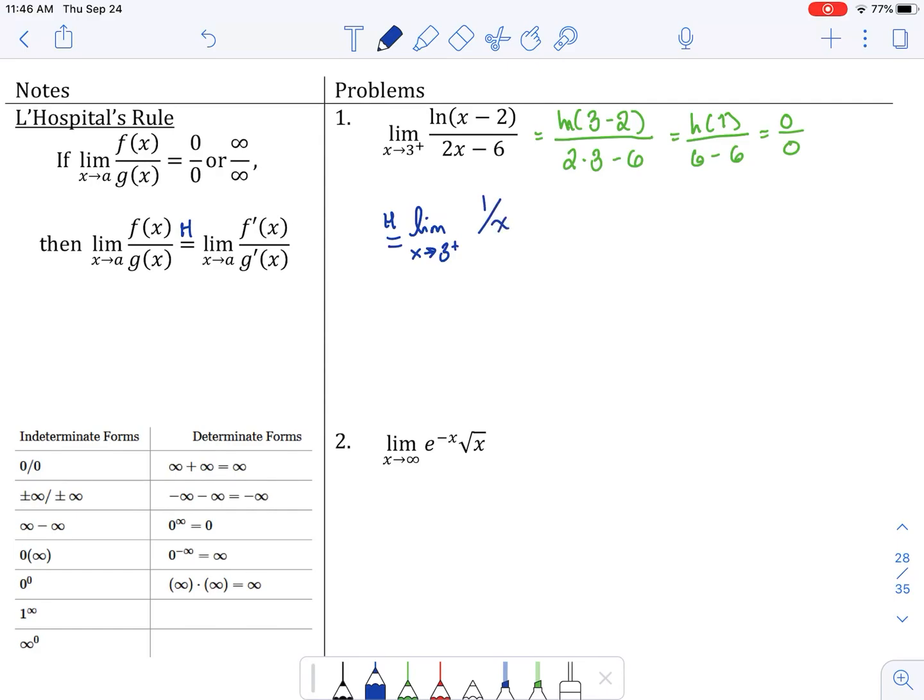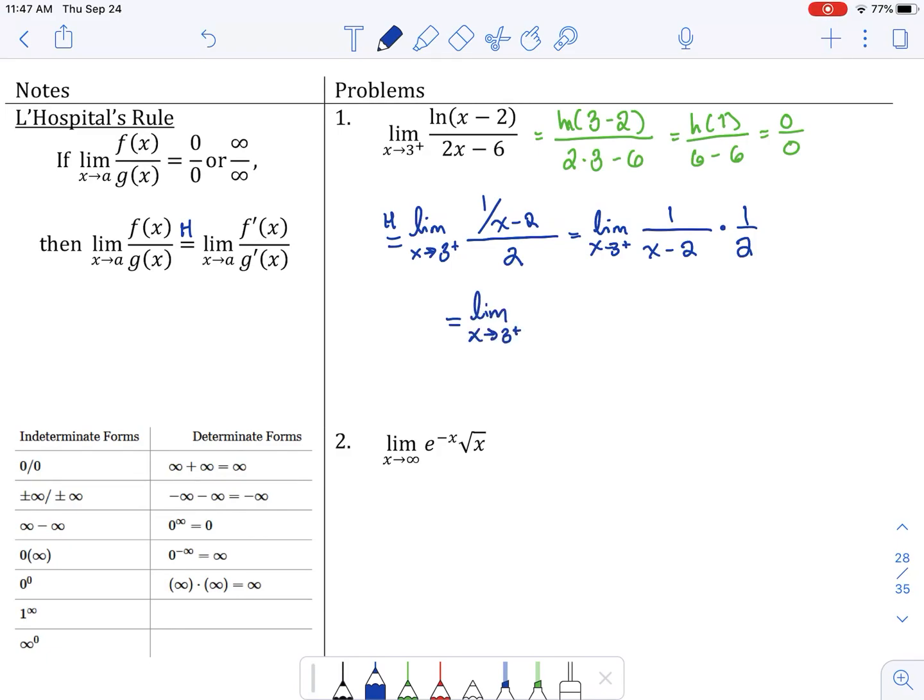We end up with our derivatives, which would be, in this case, 1 over x minus 2, since the derivative of ln is 1 over x. Chain rule creates a derivative of 1 for the denominator, so we don't need to worry about that, over 2. And now we can simplify this. I would drop the x minus 2 into the denominator, because this is the same as 1 over x minus 2 divided by 2, or times a half.